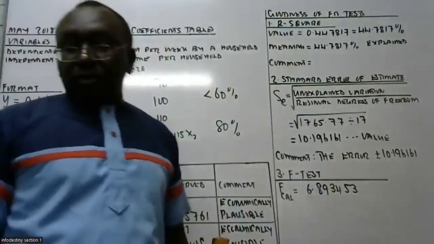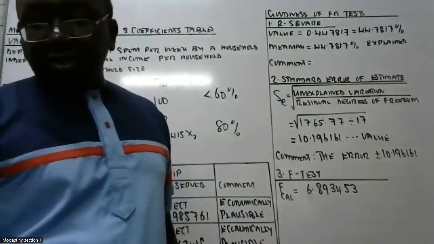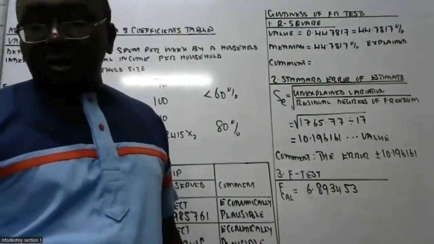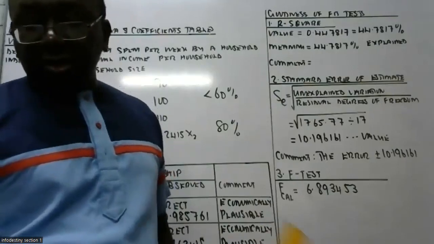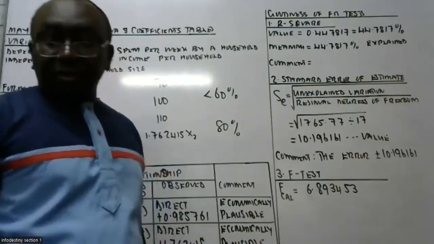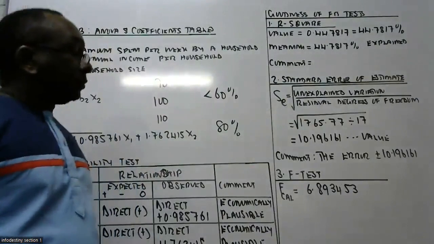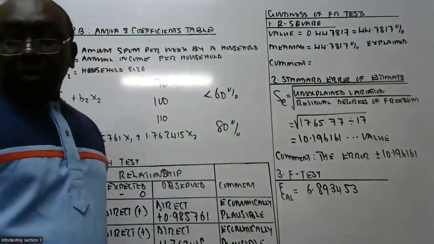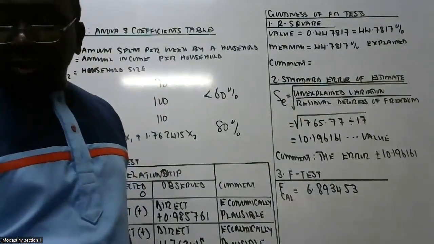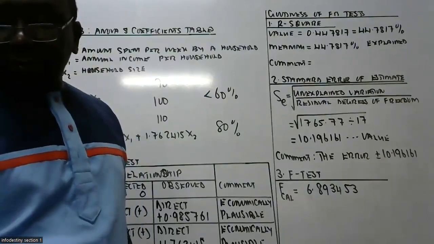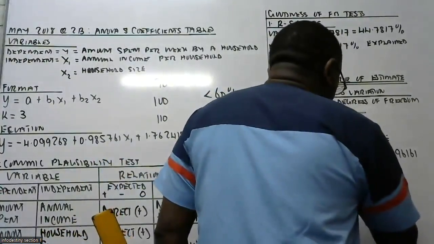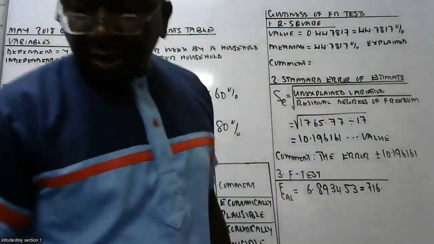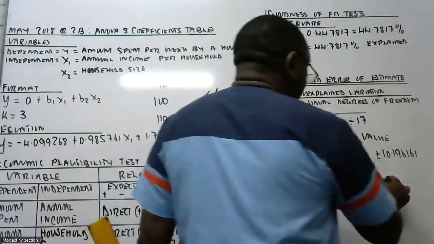That F calculated is obtained by getting your 716.0149 and dividing.